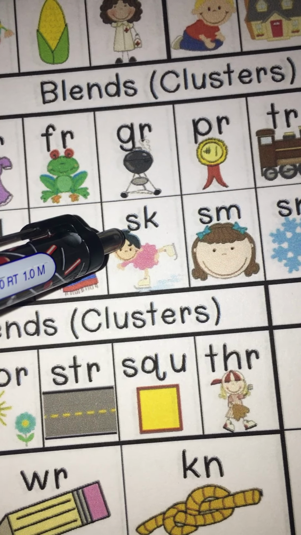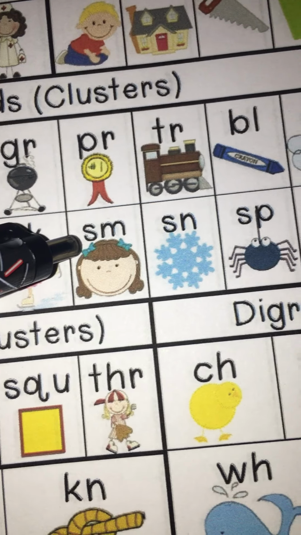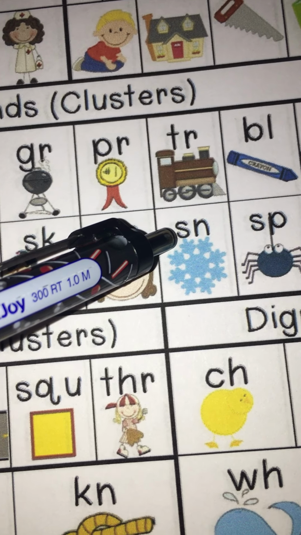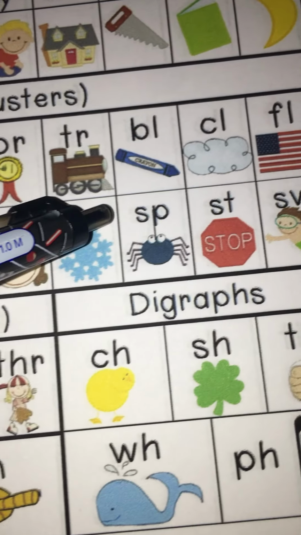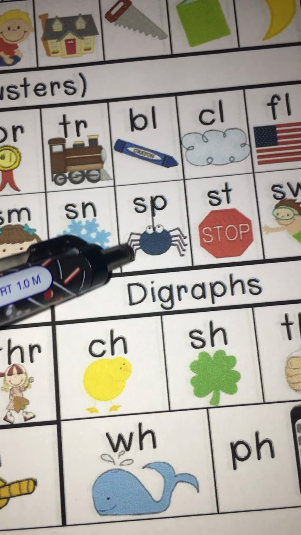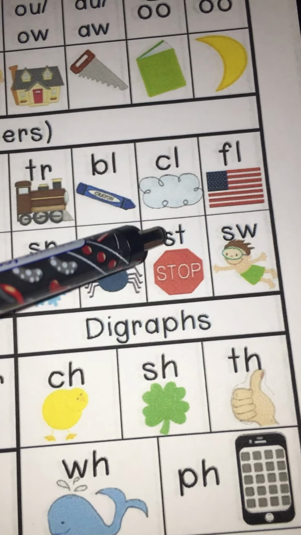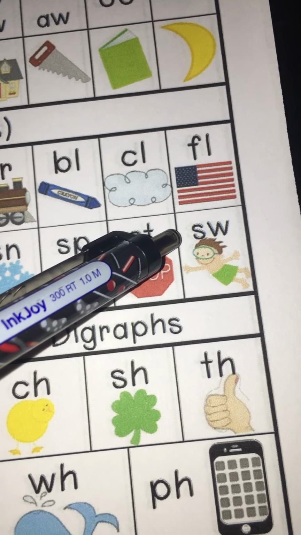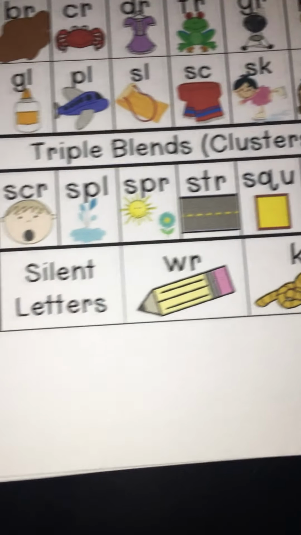SK says sk as in skate. SM says sm as in smile. SN says sn as in snow. SP says sp as in spider. ST says st as in stop. SW says sw as in swim.